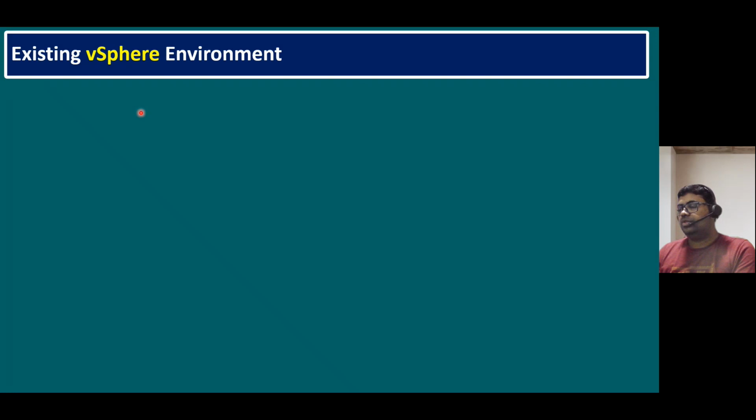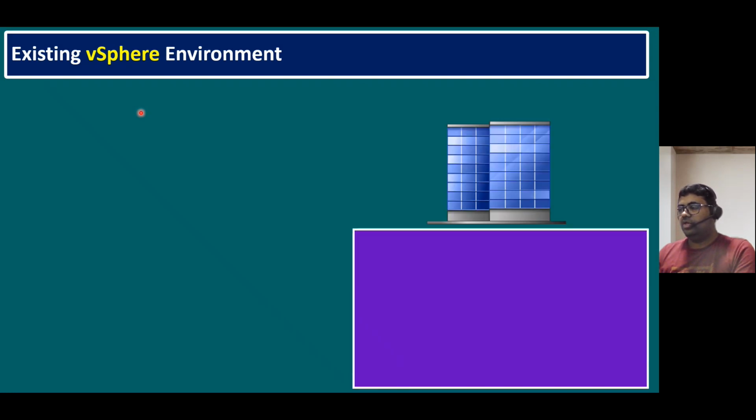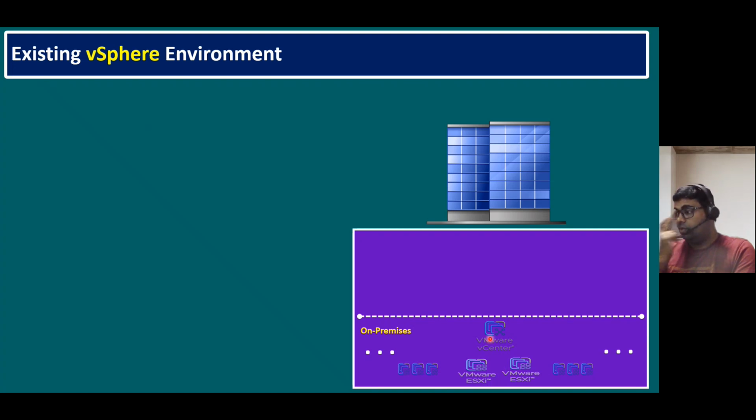In general, most customer environments have a vSphere environment. Let's say this is our existing environment. Within our existing infrastructure, most commonly on premises, we have multiple ESXi hosts. To manage ESXi hosts, we require a vCenter server.